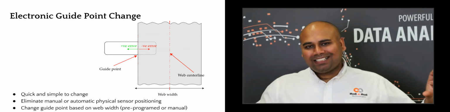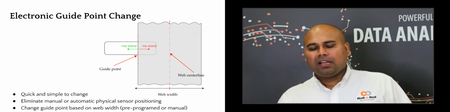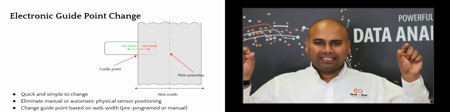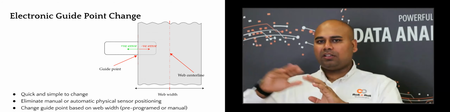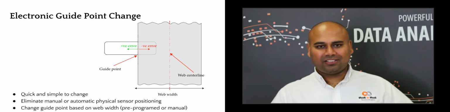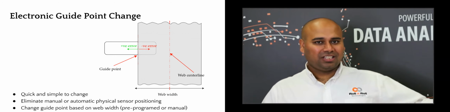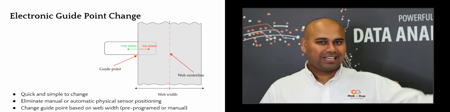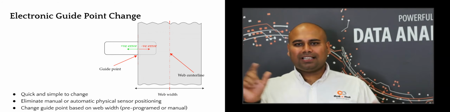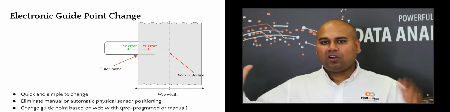So you can technically have the guide point anywhere within the sensing window, but it is very common to limit the extremes so that you don't put your guide point all the way to one edge or all the way to the other edge. The main reason is that once the web moves past that edge, irrespective of where it is, it's hard for you to know what's happening there. So you want a little leeway so that you don't go all the way to the extreme in either direction.